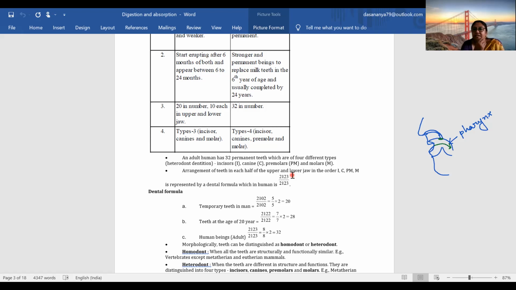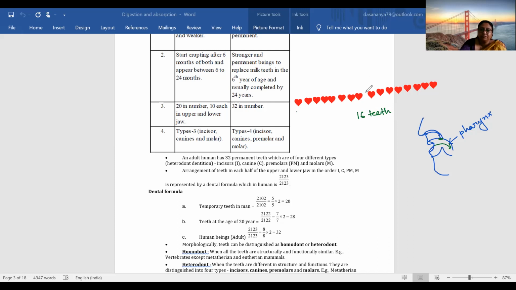So you need to understand that this dental formula is representing half of the upper jaw or lower jaw. That means we have 16 teeth in the upper jaw.